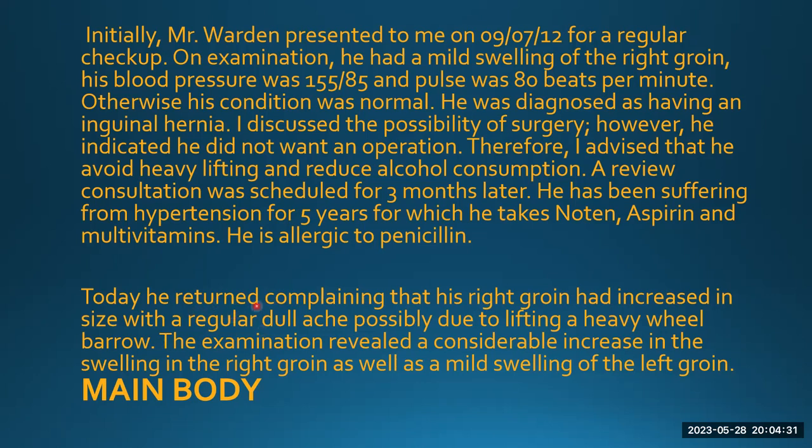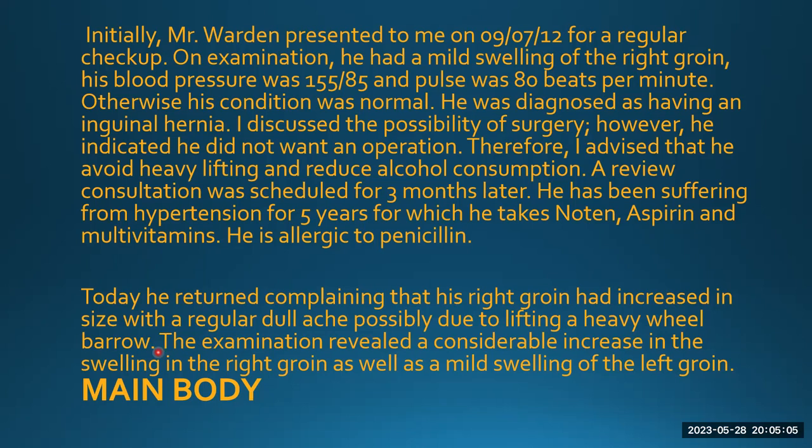He returned complaining, so I'm mentioning the complaint first. The sequence will be similar: first of all, write the complaint. Dull ache is also another complaint. I could put a full stop here, but I decided to make this sentence a complex one, so I continue with possibly due to lifting a heavy wheelbarrow. Full stop. Now I have completed my sentence.